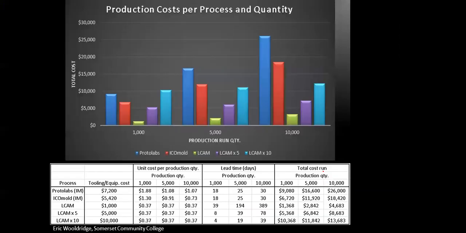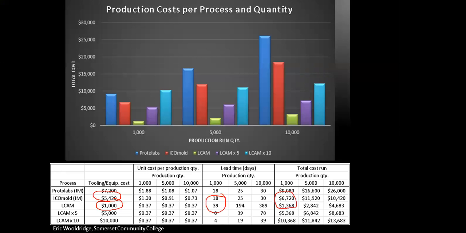Down toward the bottom, just to give you some basics, your ICO mold was about $5,500. 3D printing to produce what we're doing with shipping and everything included, about $1,000. And so you can see the lead times as well. About 40 days to 3D print 1,000 units, about 18, 20 days to injection mold it. But look at your savings.